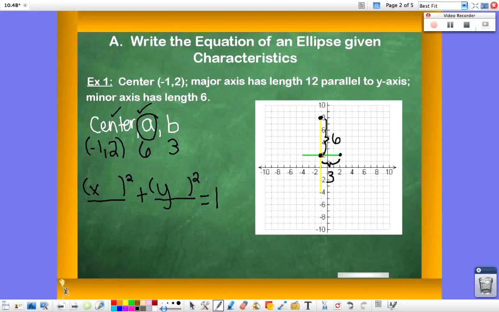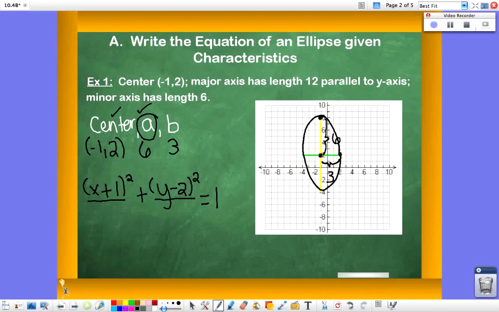If the center is at -1, 2, remember we put the opposite. So here's my x coordinate. I'm going to take the opposite of -1, which is +1. Here's my y coordinate. I'm going to take the opposite of +2, which is -2. And lastly, we need to consider one more thing. Is this a vertical ellipse or a horizontal ellipse? You can tell this by kind of drawing in the picture.